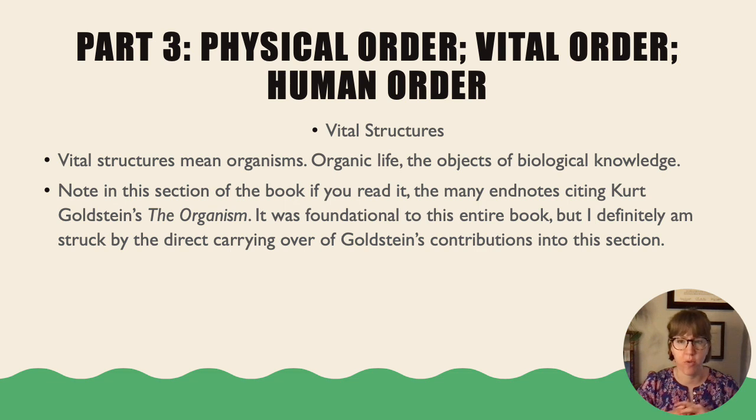He mentions Hegel more in this chapter. So we will see a departure from the vital structures section, which is so much from Goldstein. When we start to talk about the human order, Merleau-Ponty starts bringing in other thinkers or integrating more of his own thoughts on these topics.